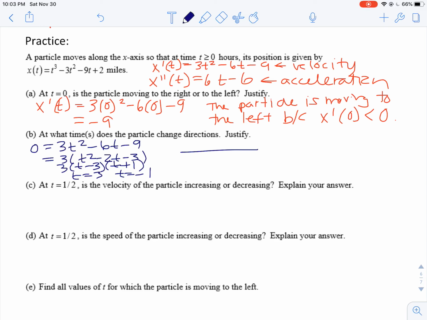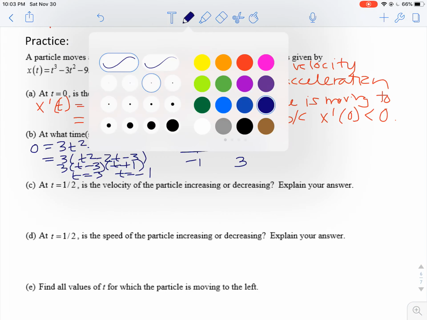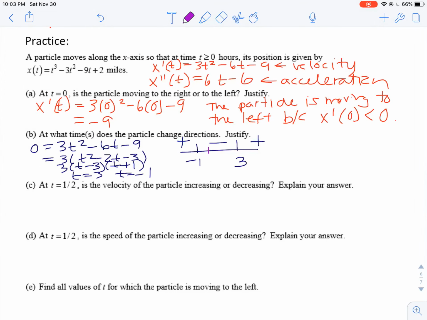All right, sign chart, I got negative 1, I got 3, my signs would be plus minus plus, and then let's only look at our positive time, right? So we're really going to just focus on when we're greater than 0, so we're just going to look at this part of the graph.